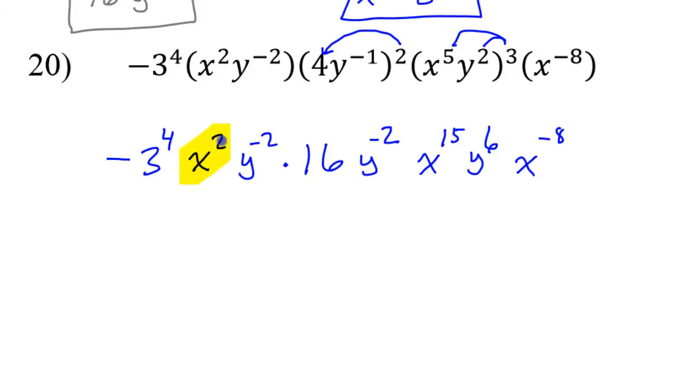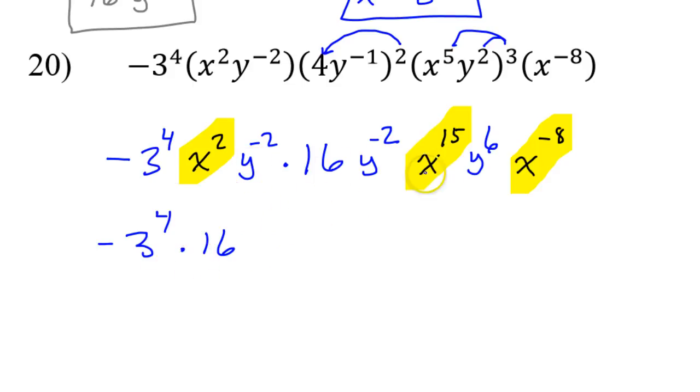For example, I've got x here, I've got x there, and I've got x there. Okay, so let's see, I've got -3 to the 4th power times 16. That's interesting. Not sure exactly how I'm going to deal with that.